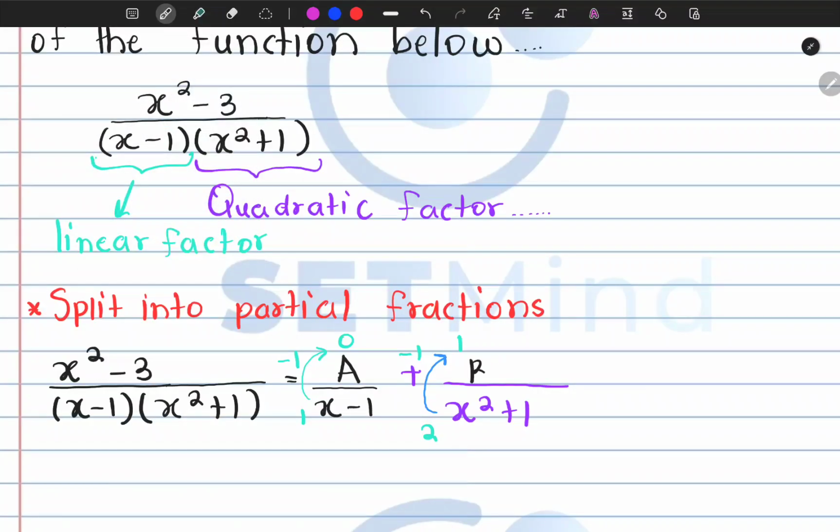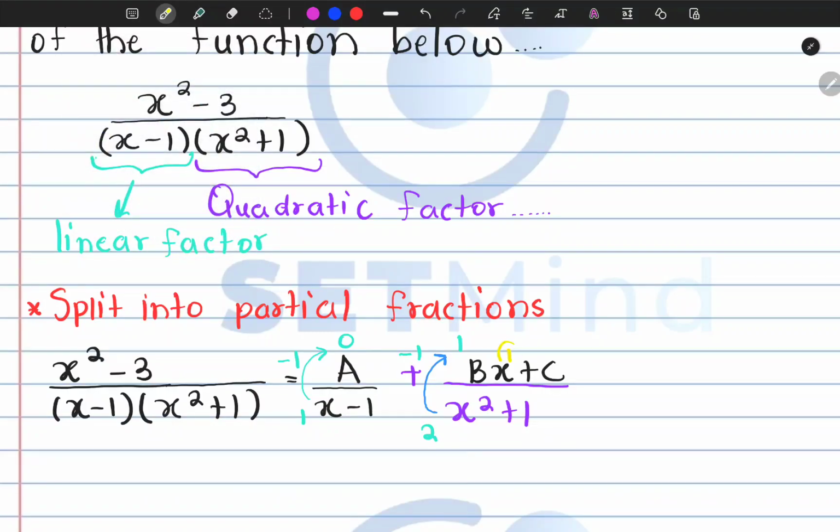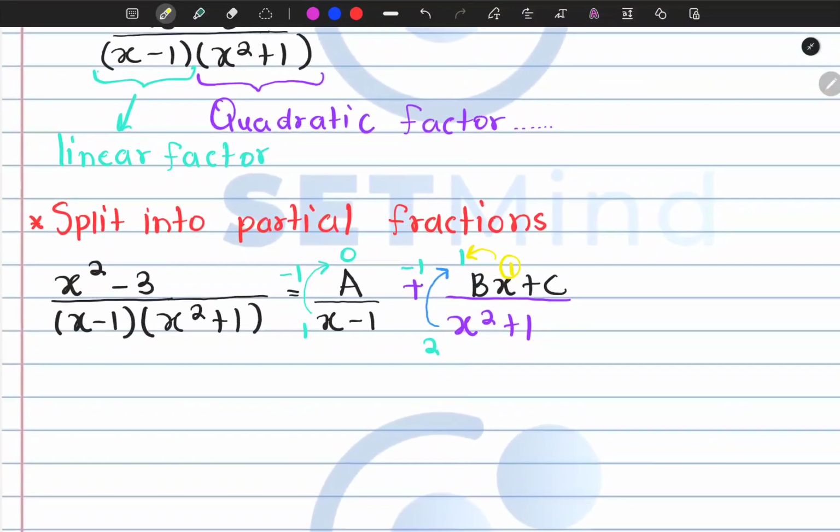It is simply bx plus c. So remember, when you have a single quadratic factor, the denominator should always have 1 more degree than the numerator. Or you can say the numerator should have 1 less degree than the denominator. It works either way, right?